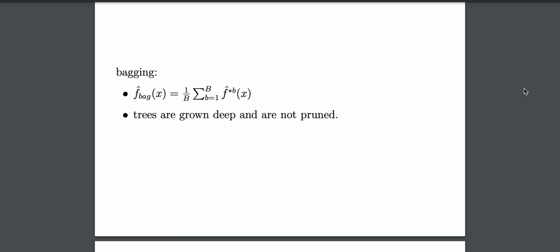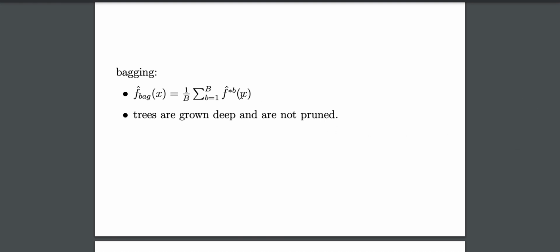So bagging, which stands for bootstrap aggregation, was introduced to reduce the variance. By averaging a set of observations or the responses, we are reducing the variance.